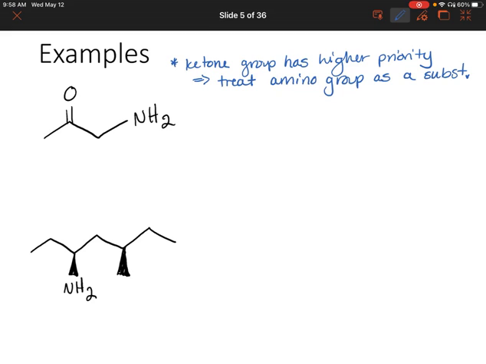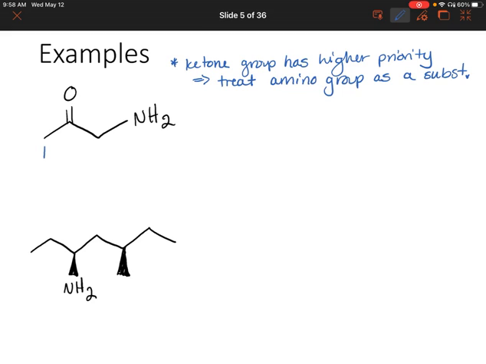So the name here, let's see, we want to number our ketone carbon chain first. So we have 1, 2, 3 carbons in our longest carbon chain, but we also want to make sure to number the carbons so that our substituents have the lowest number possible.